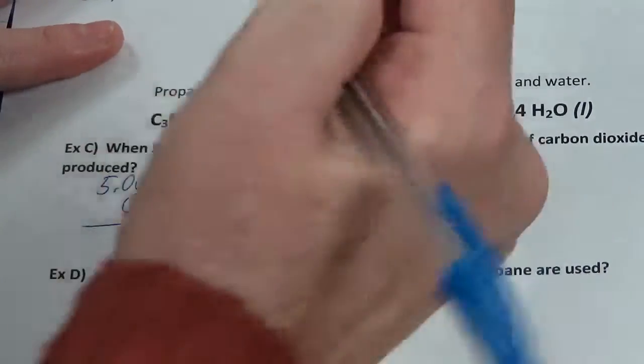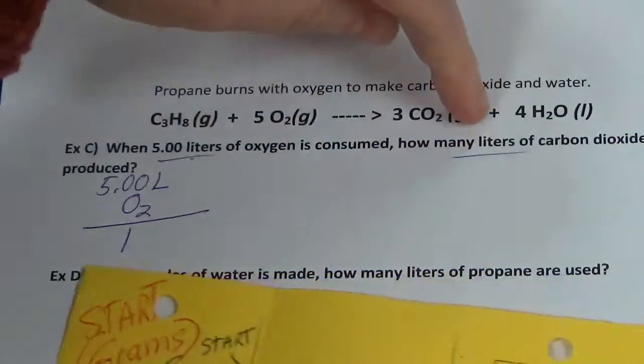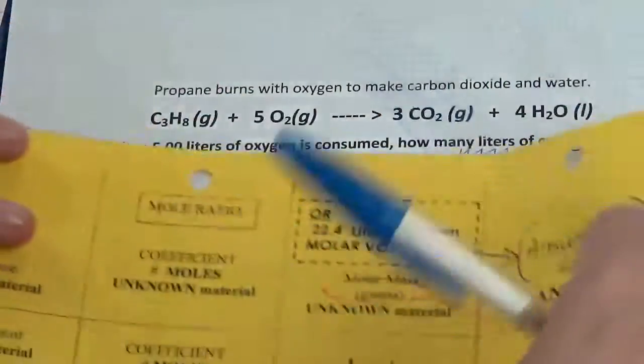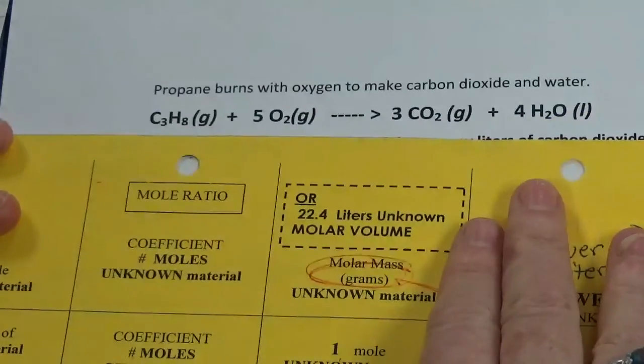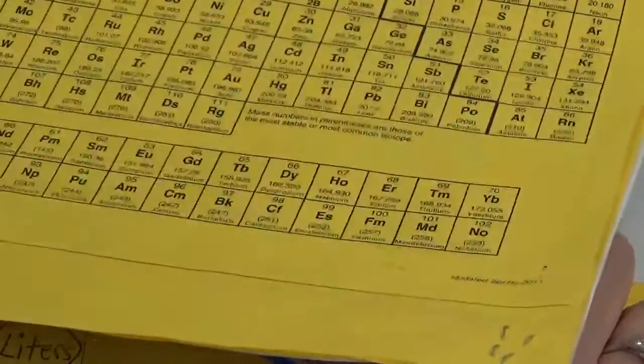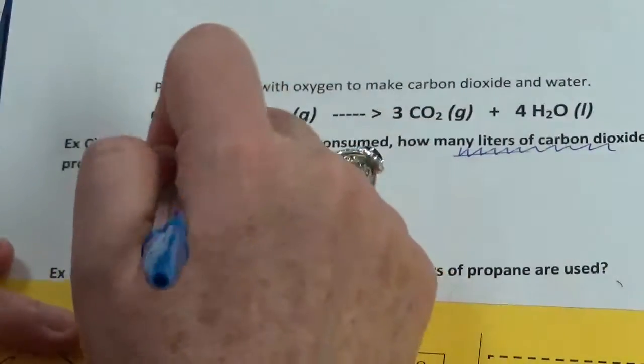That's what I'm starting with. Because I have liters, I'm starting with the foldable at the beginning opened. It's asking for liters of carbon dioxide, so I leave this open at the end. Notice there's no mention of grams. So periodic table, don't need it this time. We only have liters and liters.